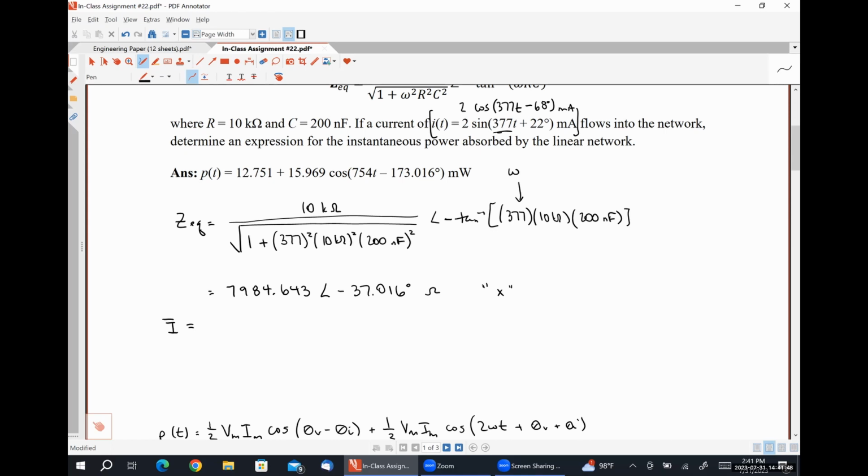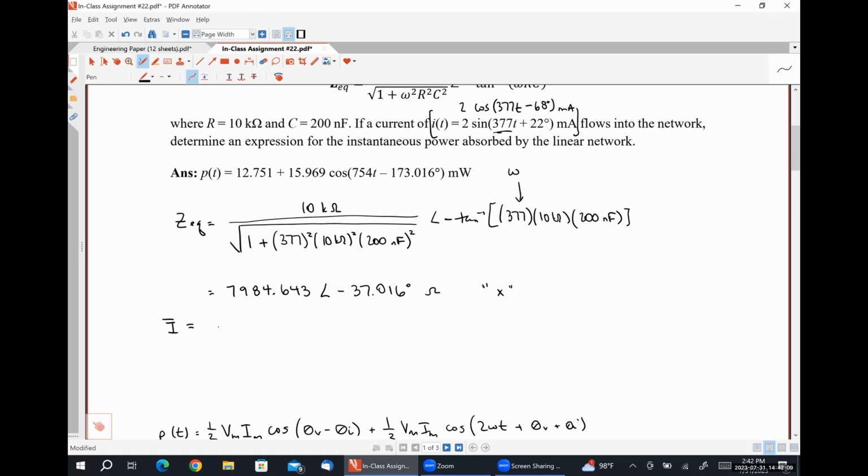So now that I have a cosine representation, how do I get my phasor? I simply keep my magnitude, keep my phase angle, and throw everything else away.